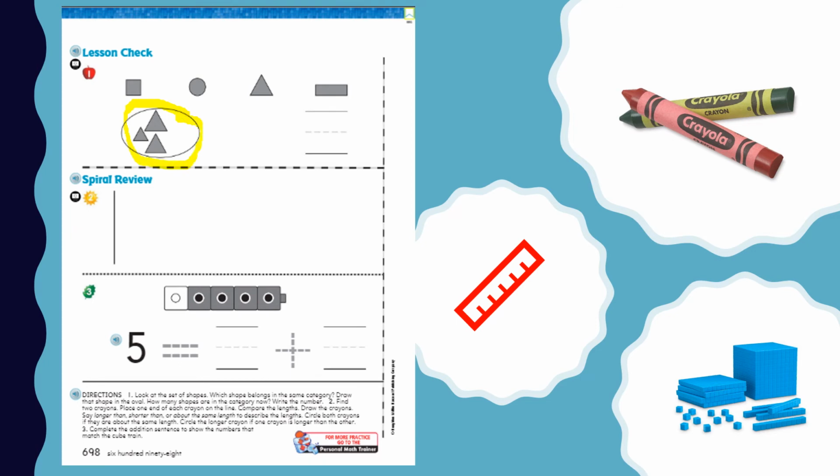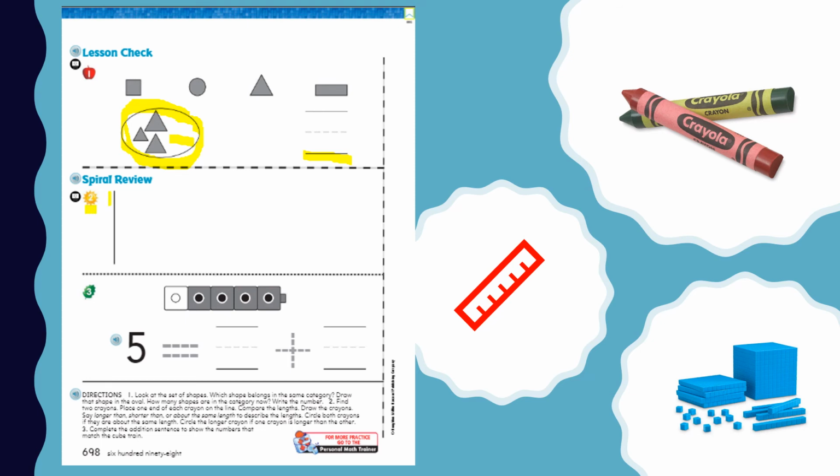Which of those shapes belongs in that category? Go ahead and draw that shape in the empty space right here. Once you're done drawing the shape that belongs in there, count how many shapes are in that circle and write that number at the end of the line. When you're finished, let's go to number 2.